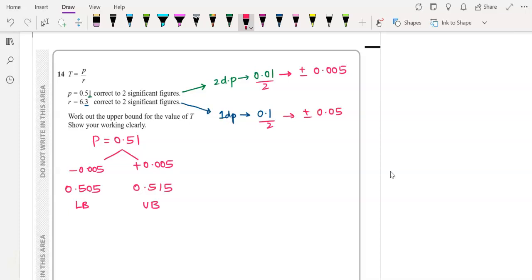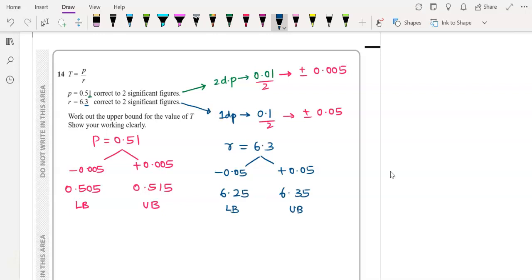So value of r is 6.3. You add 0.05 and subtract 0.05. When you add, you will get 6.35, and when you subtract, you will get 6.25. So I have the lower bound and upper bound.